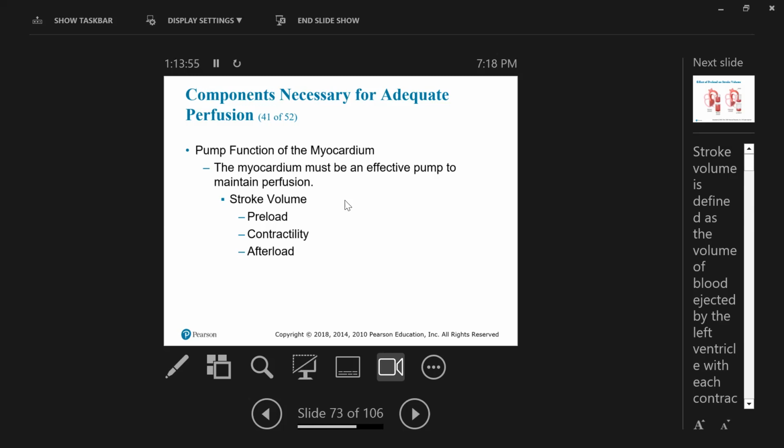Now, if the afterload is high, that means the heart's going to have a hard time trying to contract and push that blood out, because there's going to be a very high pressure there. That's why hypertensive patients get an enlarged heart.